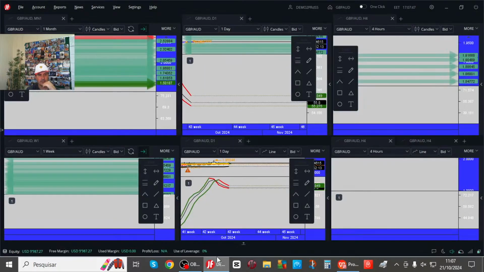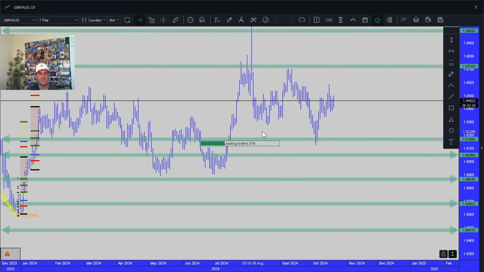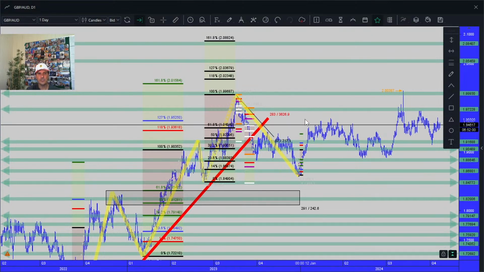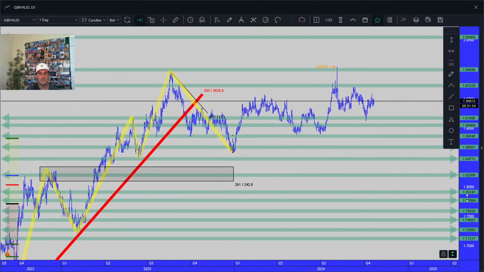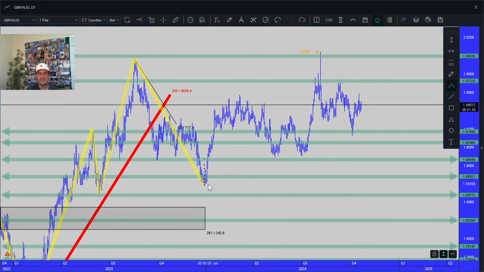All right. So we're going to go on GBP AUD. Everybody, daily chart, indicators out, and Fibonacci's out. Give me a second.